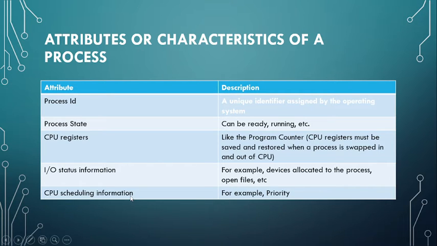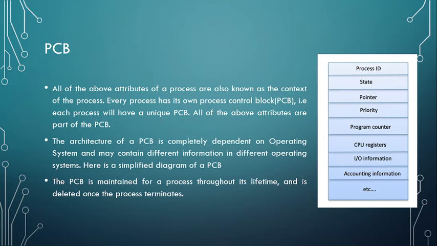And CPU scheduling information, for example, priority. We have many algorithms for CPU scheduling. Here we have priority, whether it's a foreground process or a background process. So each process has a priority. So these are the characteristics of a process. Each process must have these characteristics.